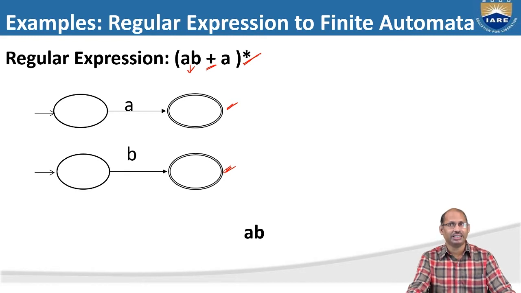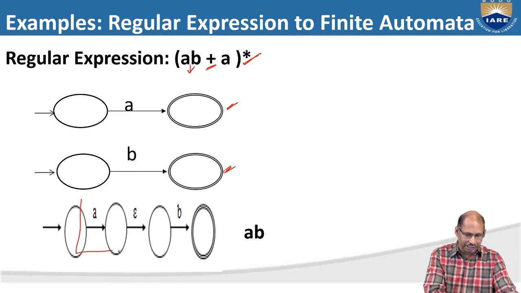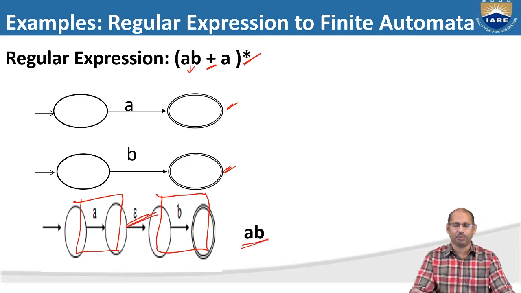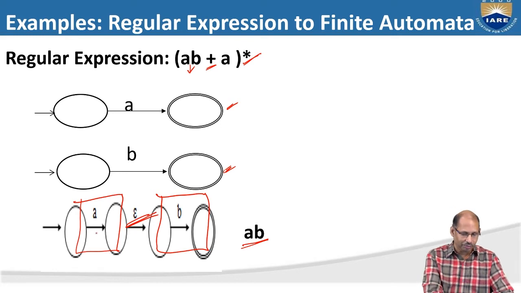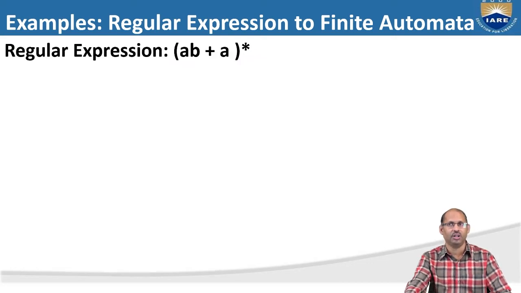AB: A concatenation with B. So simply we are writing the A finite automata and the B finite automata connecting with epsilon. So that will result in AB. What is AB? A finite automata concatenated with B finite automata. So AB is ready. We have written.